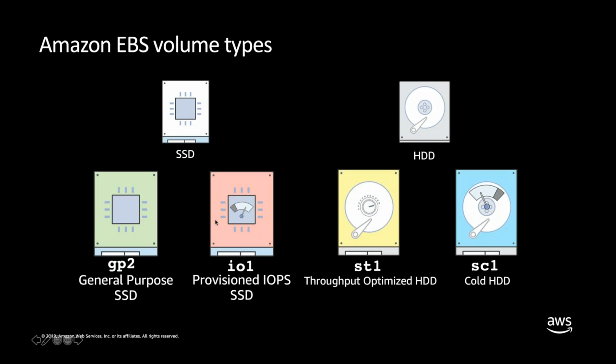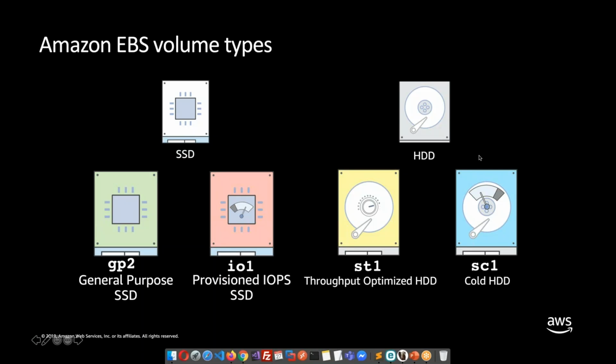Then on the HDD side, we have ST1, the throughput optimized HDD, and SC1, the cold HDD. In terms of price, HDD is almost 50% cheaper than SSD.